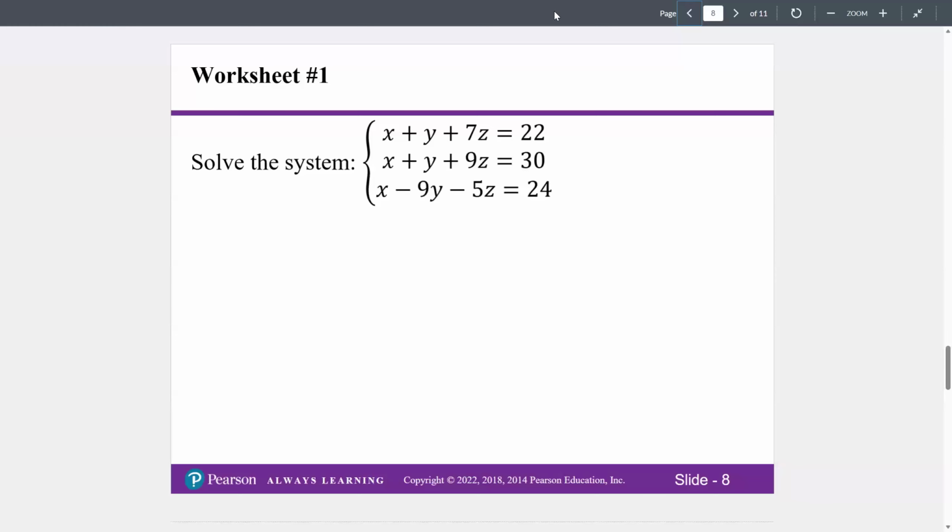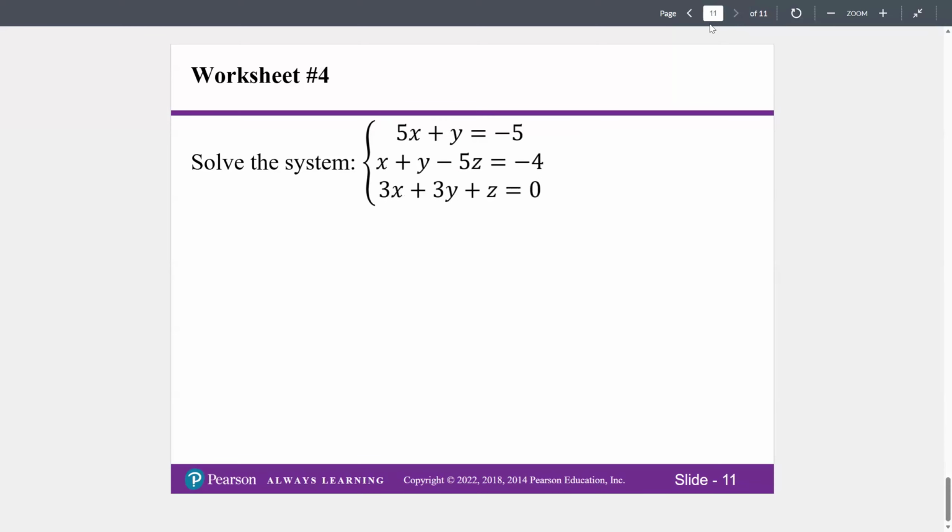If you can, take a minute and just try what you can, but we'll go through each one of these. We have 1, 2, 3, and 4. So just take a chance on all these. These are different situations that you might see.